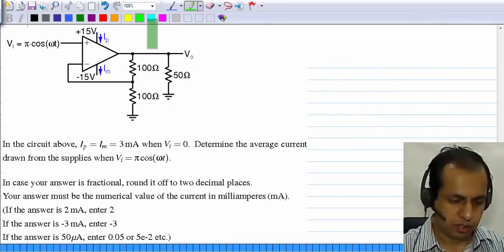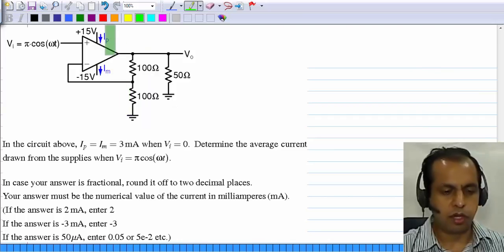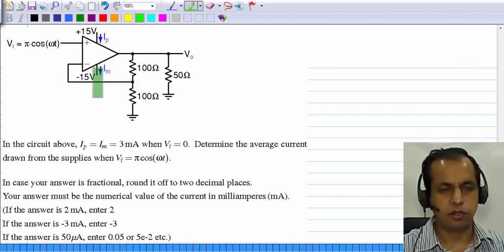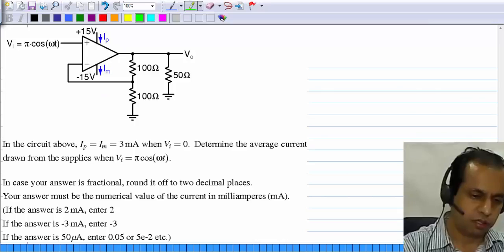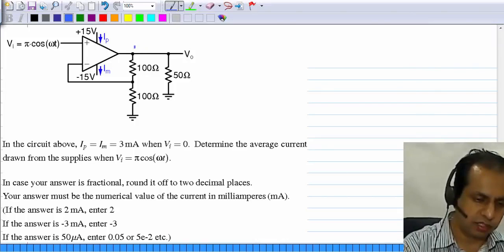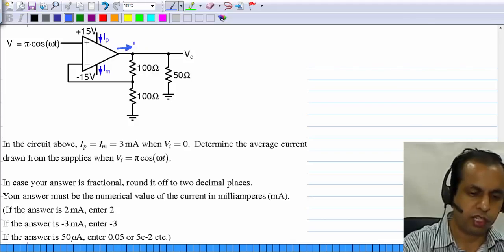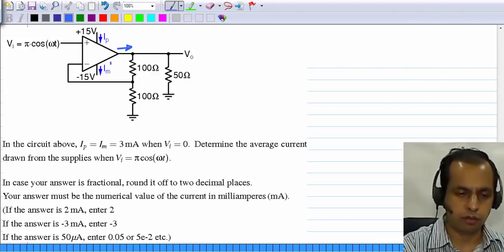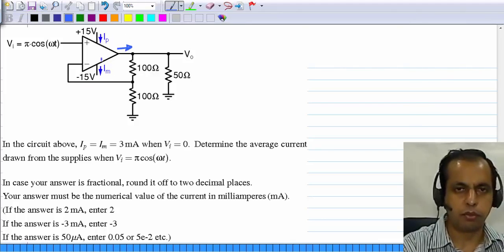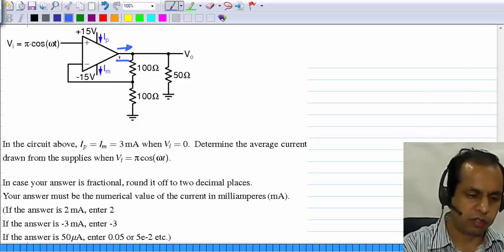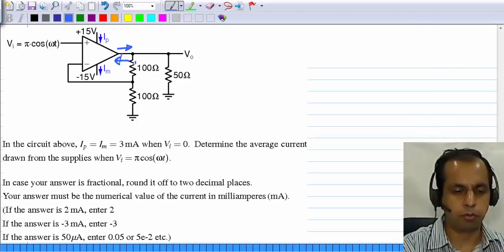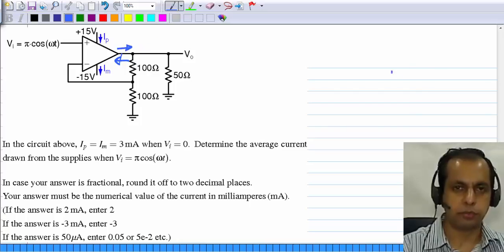The next question, you are asked about the currents that is drawn from the op amp, and you are told that basically the current drawn from the positive supply is whatever current is flowing in this direction plus some fixed value, whereas the current pushed out into the negative supply is whatever current flows into the op amp output plus the fixed value.